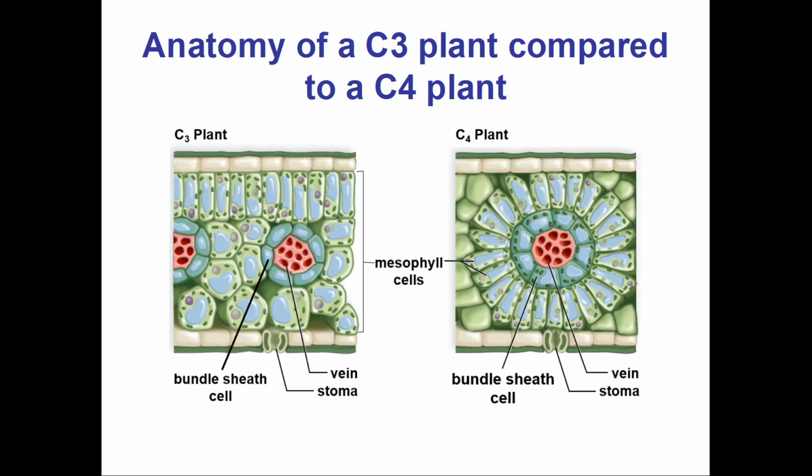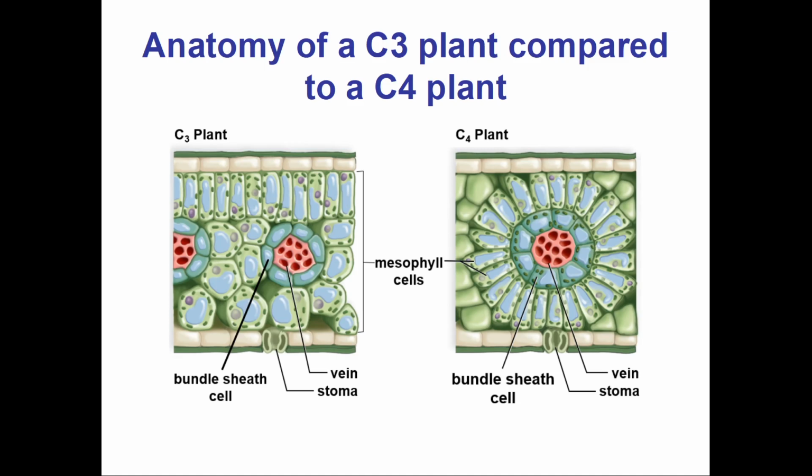So if you look at your left cartoon here, we're looking at a C3 plant. We see our mesophyll cells are scattered through the center part of this leaf. Oxygen is able to get to the bundle sheath cells easily because we have all this porous environment.